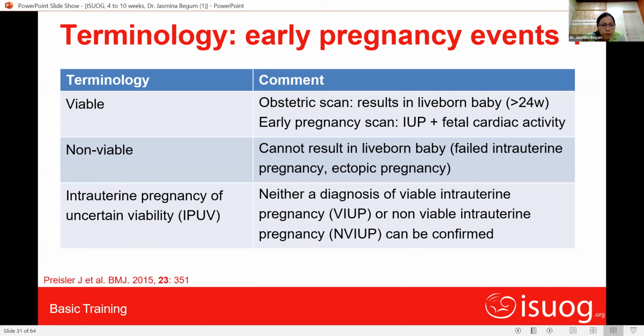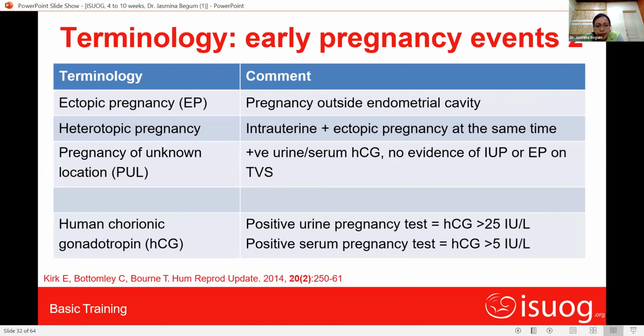Sometimes a term is also used, intrauterine pregnancy of uncertain viability, when you are not sure whether it is a viable or non-viable intrauterine pregnancy. As you all know, ectopic pregnancy is when the pregnancy is implanted outside the uterine cavity.